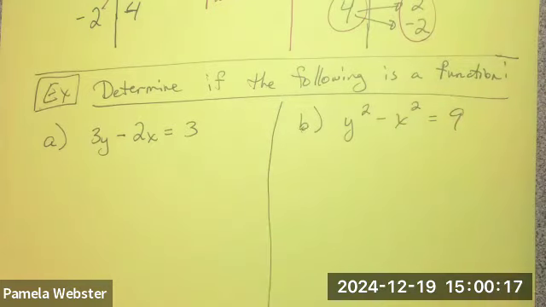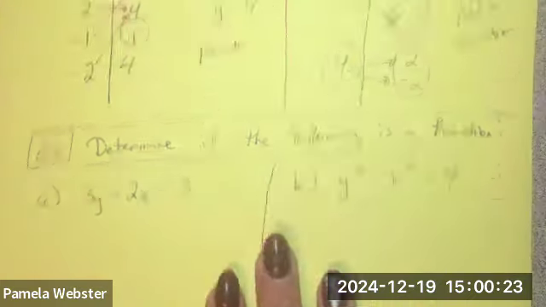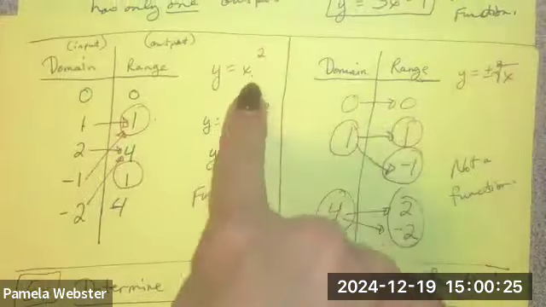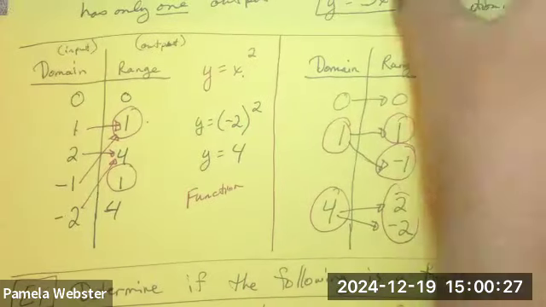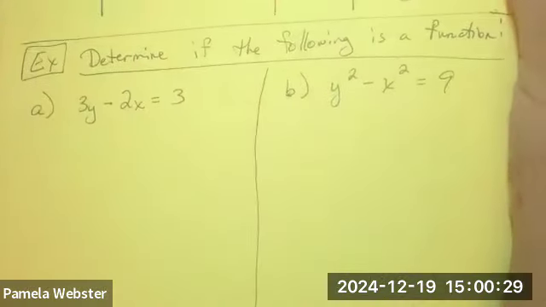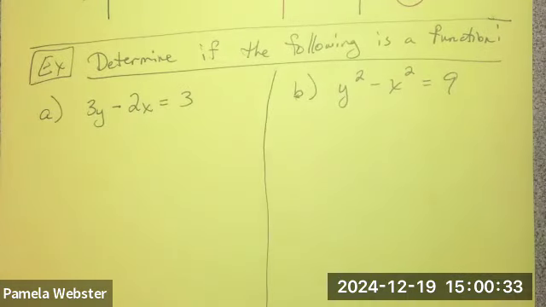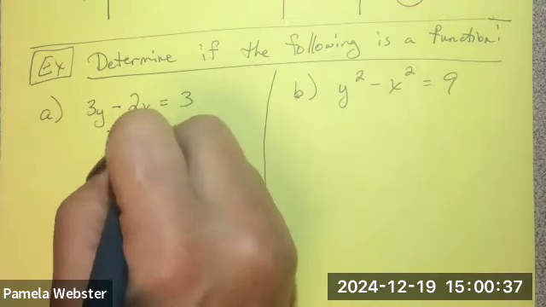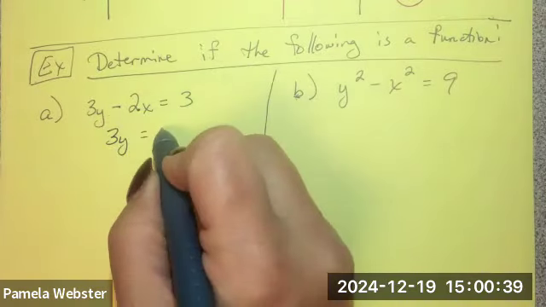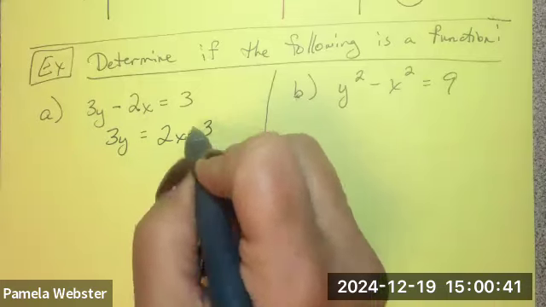As I look at this, I don't know anything until I get it solved for y. Up here we had them solved for y, right? y equals x squared, y equals plus or minus the square root of x. We like to have them solved for y so we can see what's going on with the x's. So let's do that. 3y equals, adding the 2x over, 2x plus 3.